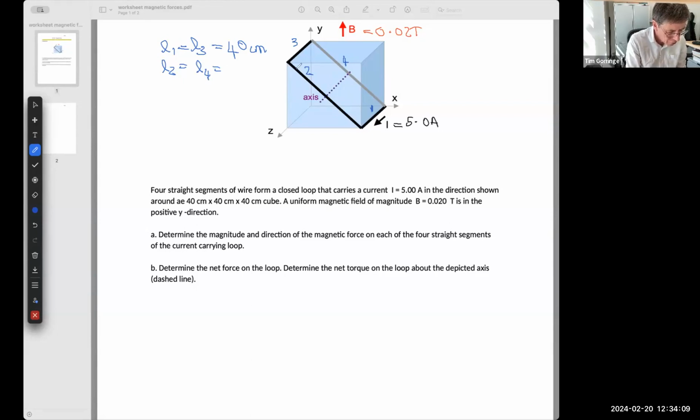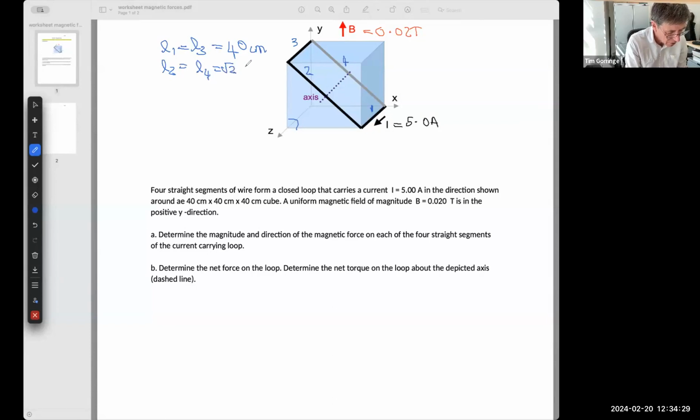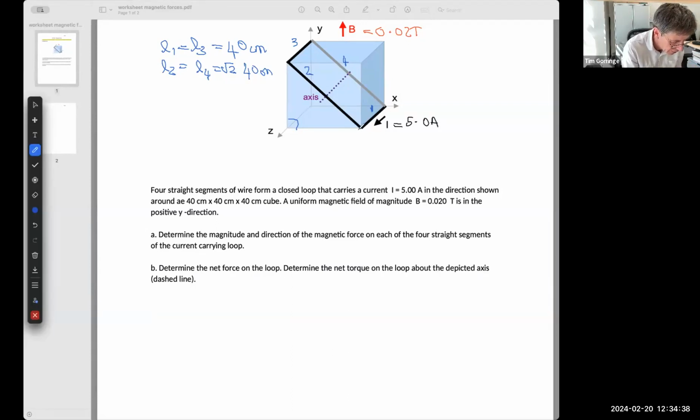And because the diagonal makes up the hypotenuse of a right-angled triangle with these two sides of the cube, and that's true for both the back face and the front face, the diagonal is going to be root 2 times 40 centimeters. It's root 2 times 40 centimeters because the horizontal side here is 40 centimeters.